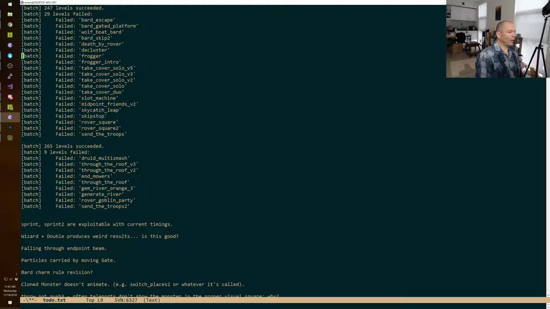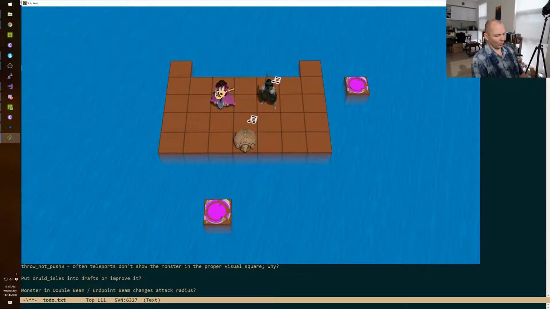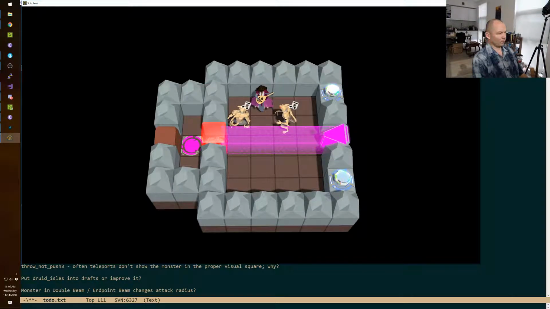I see lily pad timing problems. These are all new. What's Bard escape? Wait, why'd she die?